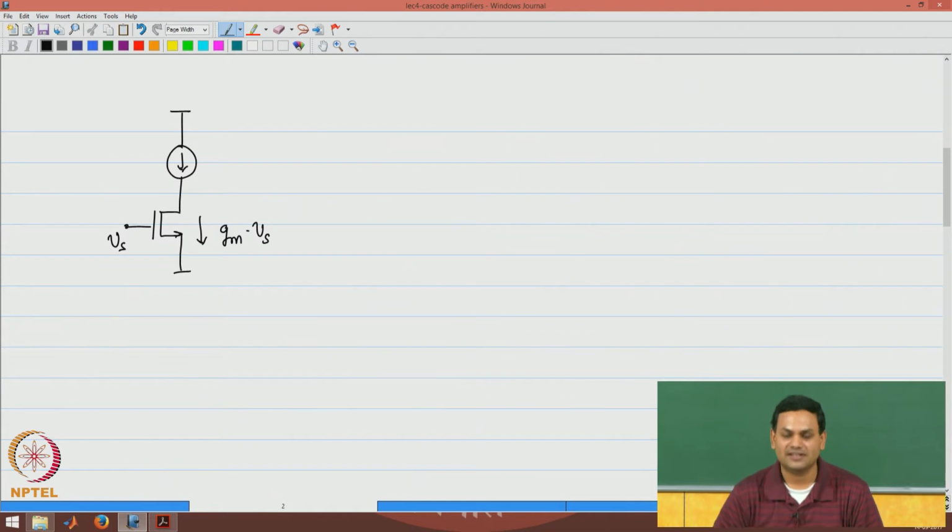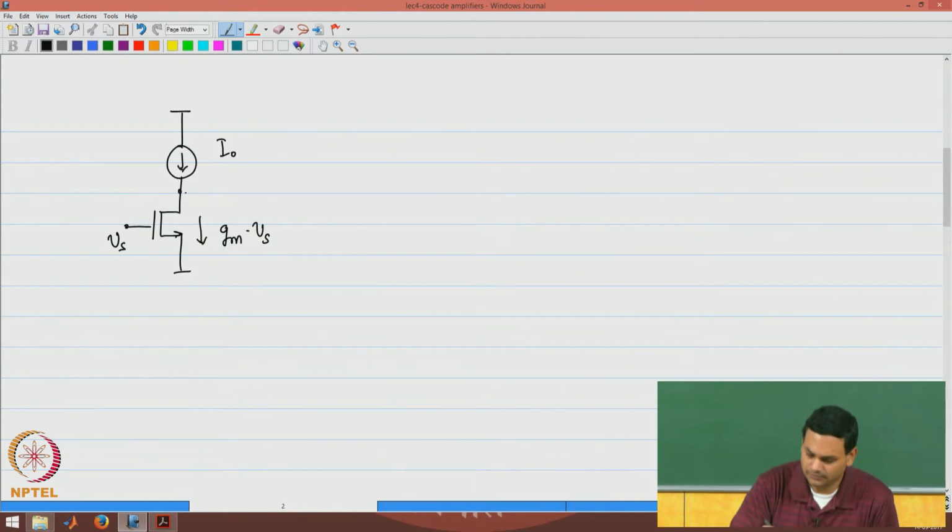And what happens to the signal current? If you had a load resistance, the signal current would probably flow through the load resistance, but in our case we do not have a load resistance because this is an ideal current source of value I naught. The only path for the current to flow through is the intrinsic drain source resistance of the MOSFET. So, this current flows through the RDS of the transistor. I will show that here.